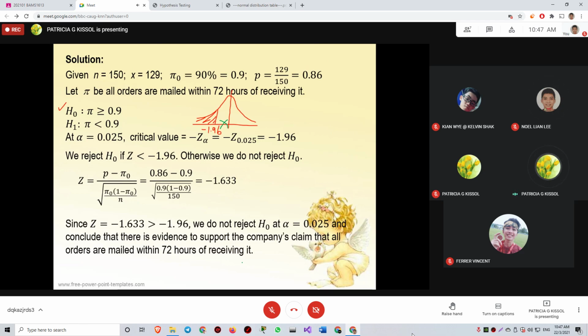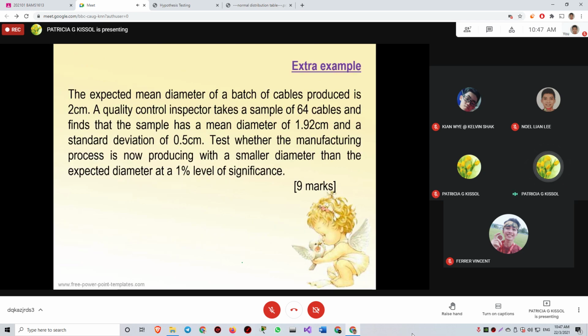Tomorrow's tutorial will be focusing on tutorial 8. I would like to do all the even numbers, questions 2, 4, 6, 8, and 10. And I have an extra example here, which I want you to do as well.